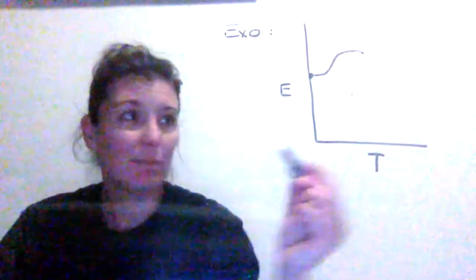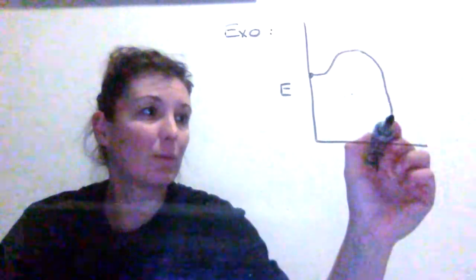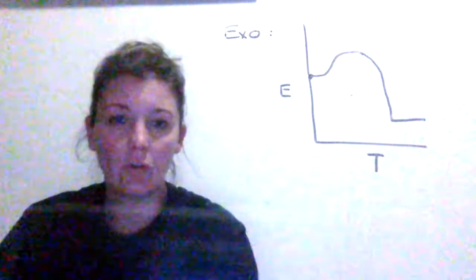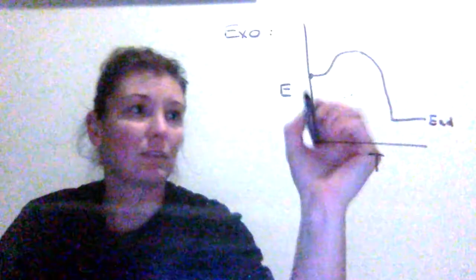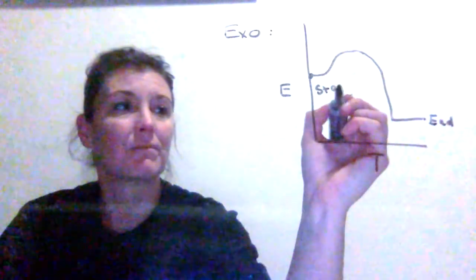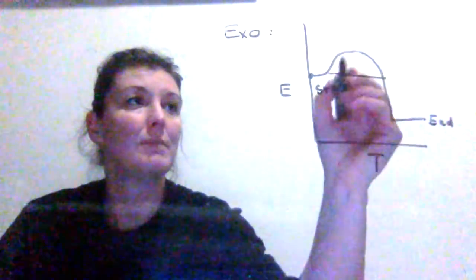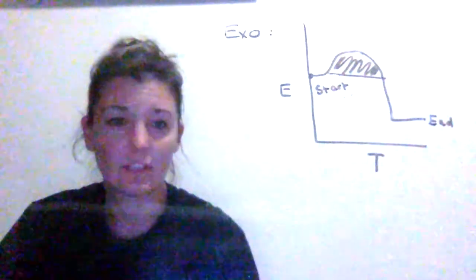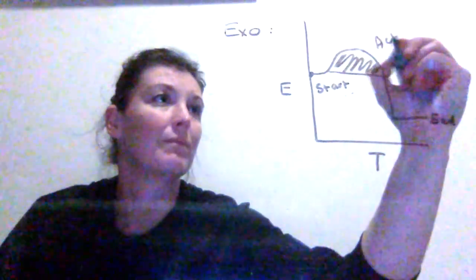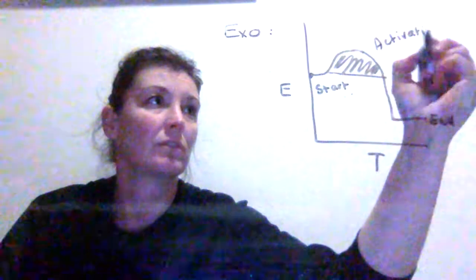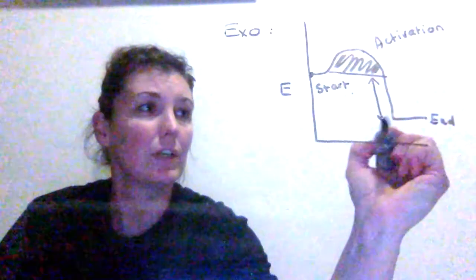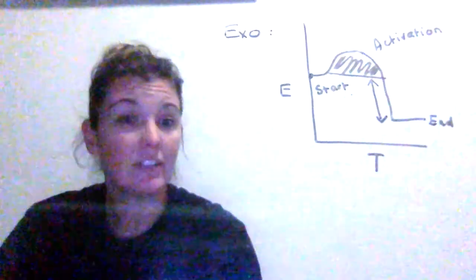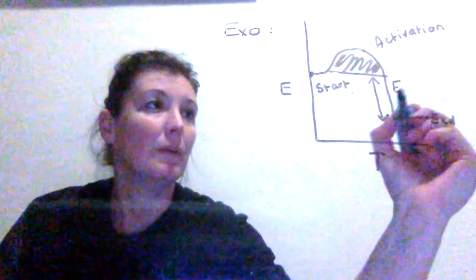A reaction happens, and then suddenly our product's amount of energy falls, and it's lower at the end than what we had at the start. Okay, and again, this amount of the black is called your activation energy. And the amount of energy from the difference between what we started with and what we ended with, that is going to be our delta H, our enthalpy.